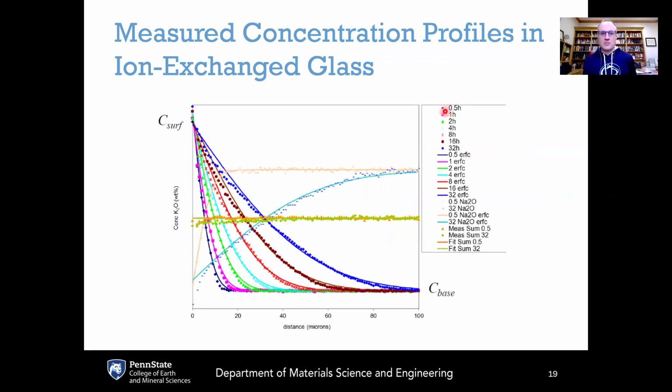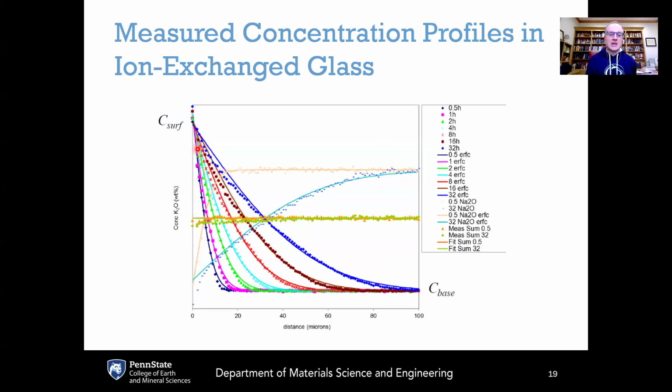Now, this shows some measured concentration profiles in an ion exchanged glass. These were measured by EPMA, electron probe microanalysis. And you can see here the individual dots are the concentration profiles of, for most of these curves, potassium, measured from the surface of the glass and then going into the interior.